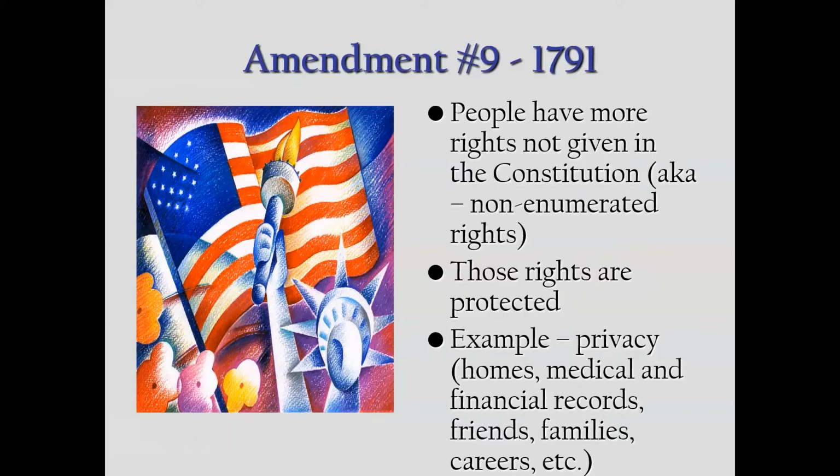And so those rights are protected. A good example of that is the right to privacy. So we have the right to privacy in our homes, with medical records, financial records, to our friends, families, career, or the government does not get to dictate those things unless a crime has been committed, something that's different.